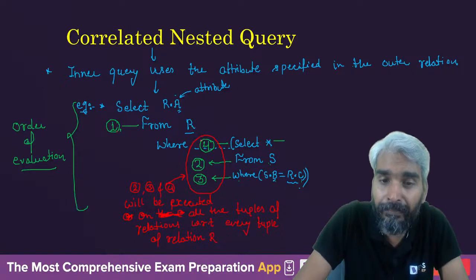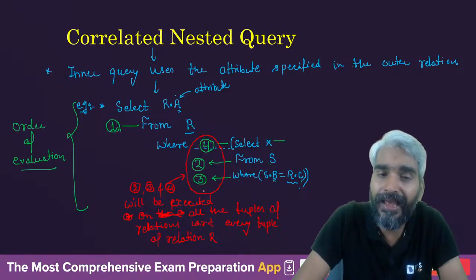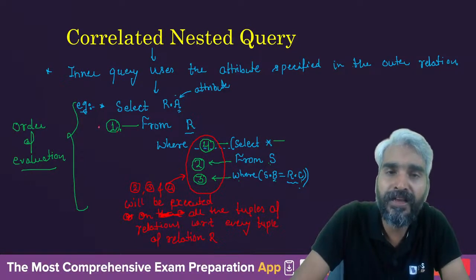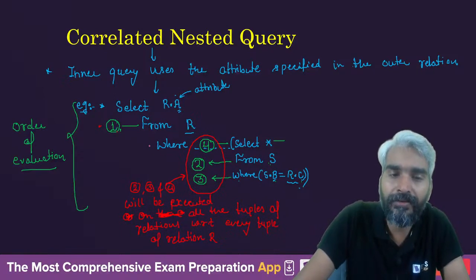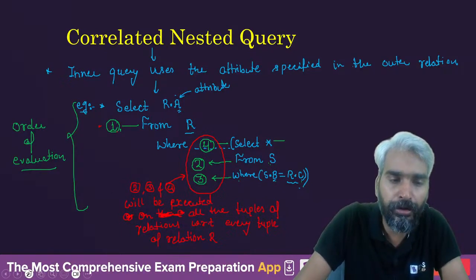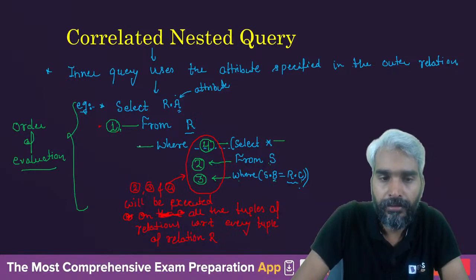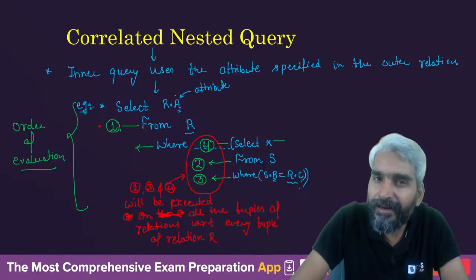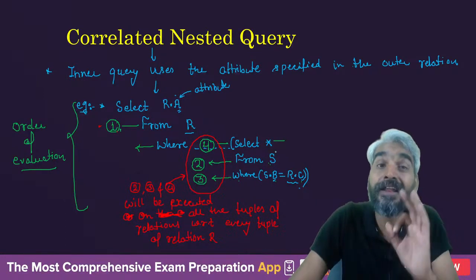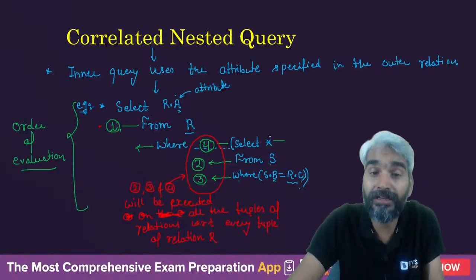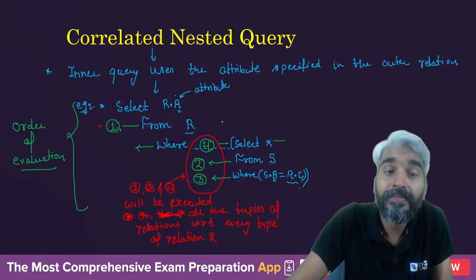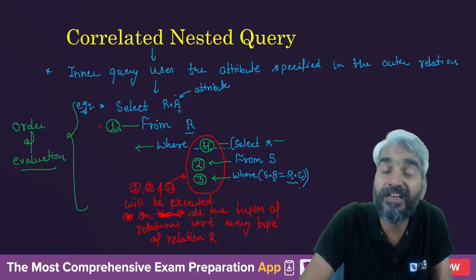scanned the complete table S with respect to this first tuple of R, you will eventually provide the output of this where clause. That is, what is the output of inner table, not the tuple? What is the output of inner table with respect to the first tuple of relation R?